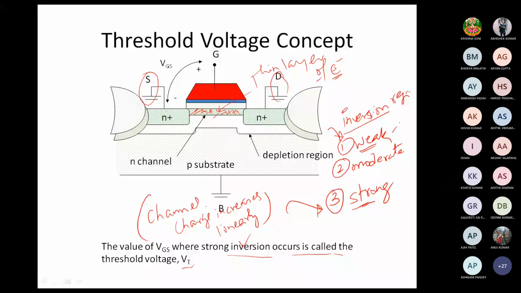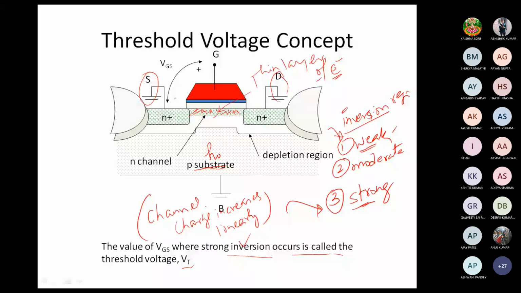The comparison is done with the amount of carriers present in the substrate. This is a p substrate, so in the p substrate, holes are the carriers which are present.